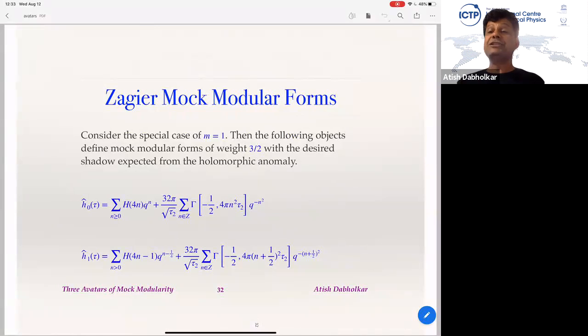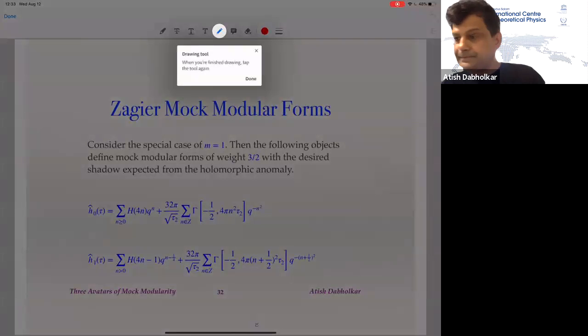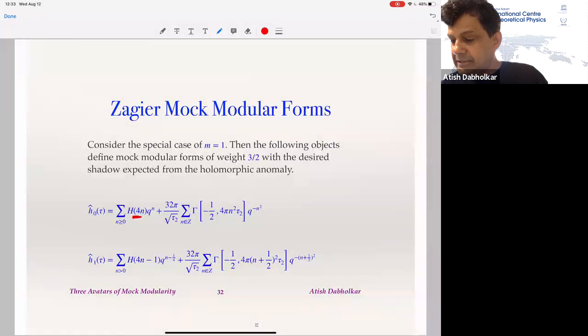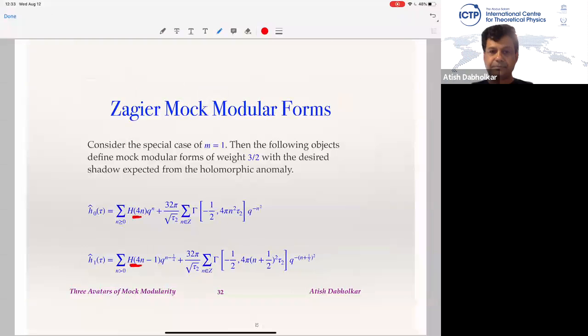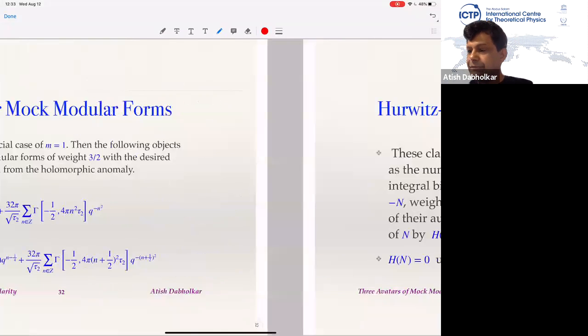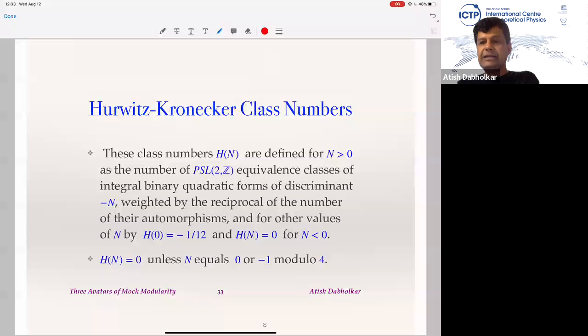And it doesn't change the shadow. So for example, if you take the example of m equal to 1, it's a vector valued modular form. You should have two components. And then the following objects appear. These are the Zwegers mock modular forms. There is an h_0 of tau and h_1 of tau. See, if m is 1, then l can go from 0 to 1. And it is given in terms of these coefficients H. There are some very fancy number theoretic numbers which appear.